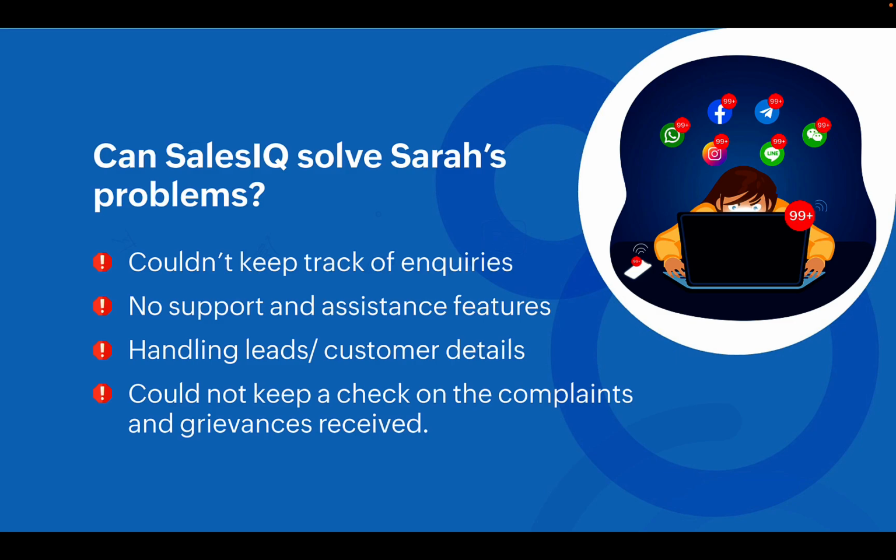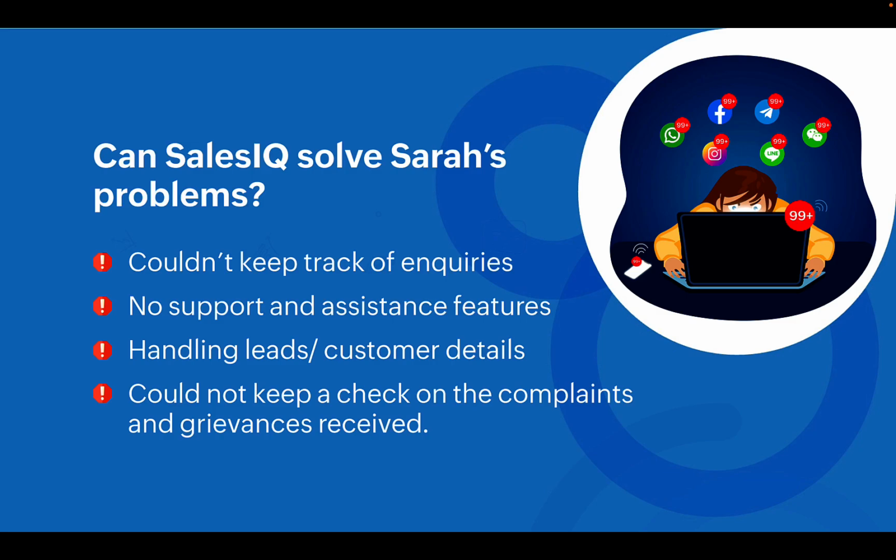And after that, they were not able to provide proper support because the support and assistance features on the instant messaging platforms are not very full-fledged and they couldn't handle the volume. Another thing is that Sarah was juggling between these instant messaging platforms and her CRM system to handle leads and customer details.